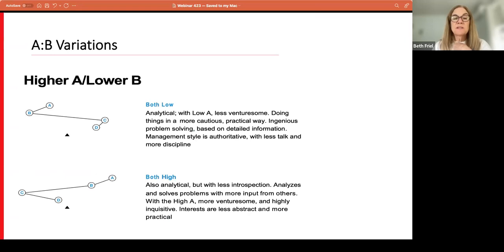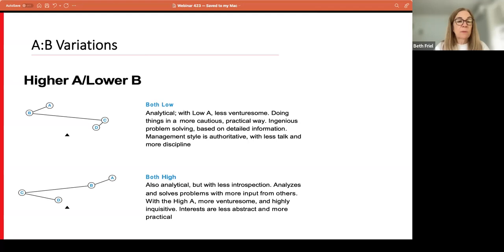So this is just a snapshot from your People Data Toolkit. So you've got higher A and lower B, both low, and you've got them both high. So make sure to look at your People Data Toolkit just to get familiar with what it means, because the behaviors are a little bit different.